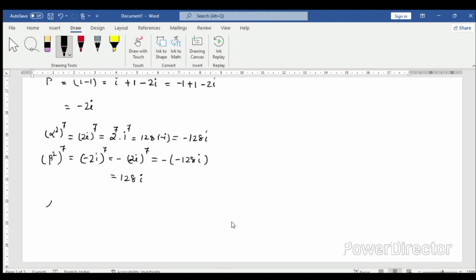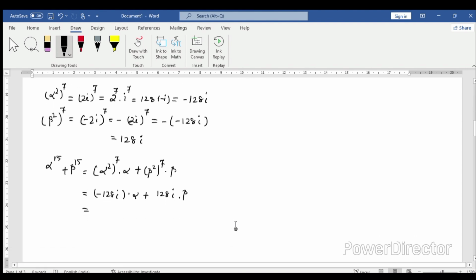We need to find alpha square power 7 into alpha plus beta square power 7 into beta. Here alpha square power 7 is minus 128 iota into alpha, plus beta square power 7 is 128 iota into beta, and in both cases 128 iota is common.